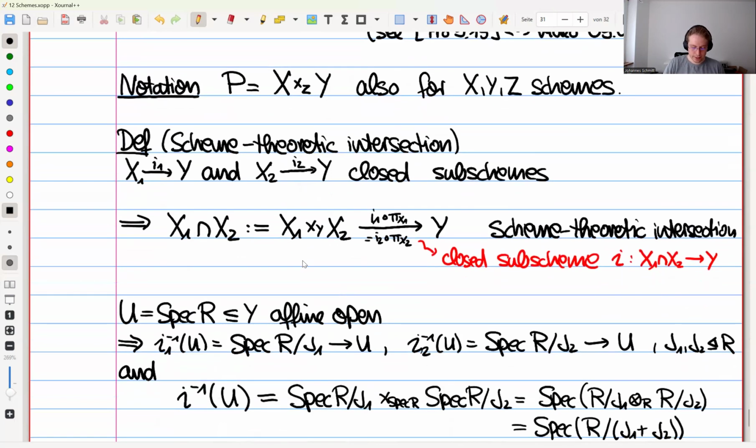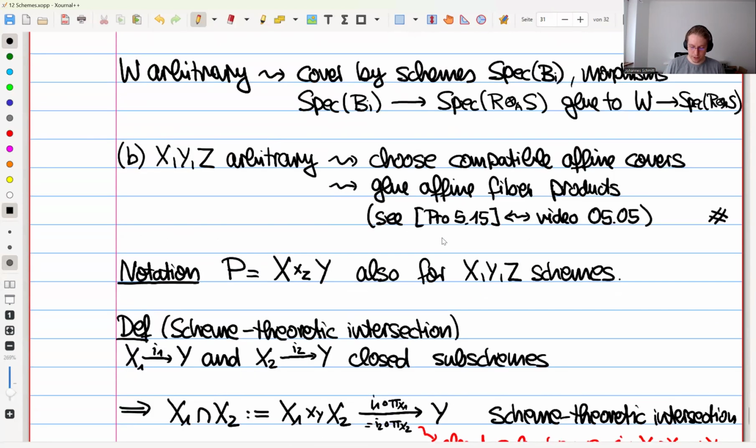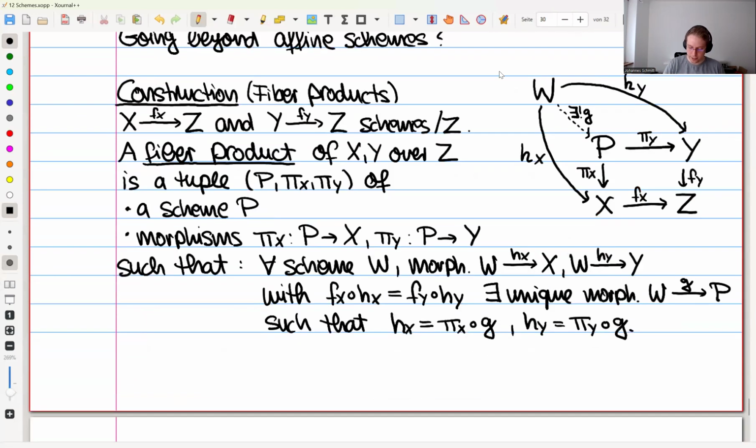And then this has two a priori different maps to Y, but these two maps coincide, because if you take this fiber product, then you have two maps to this base space, and they should both be the same.